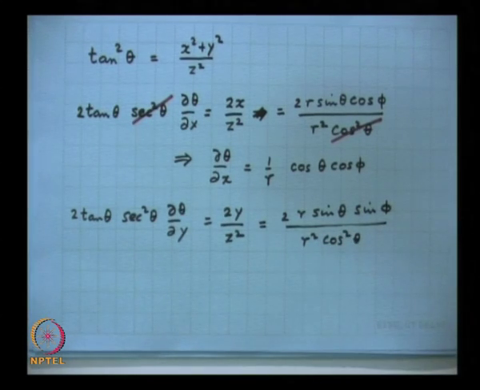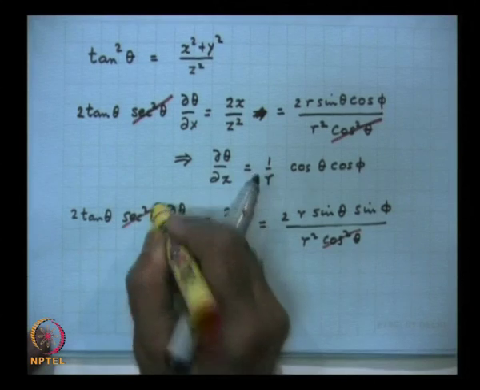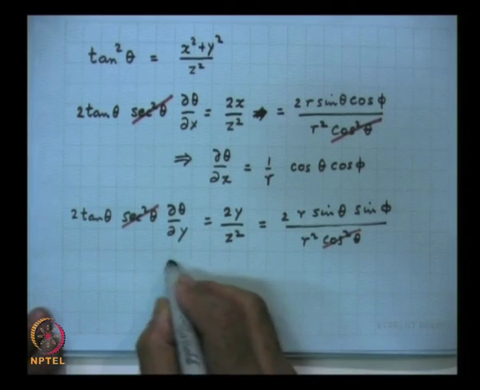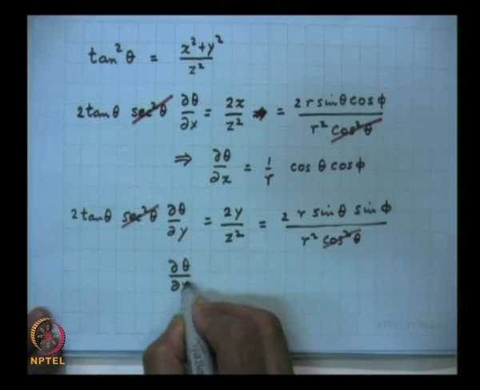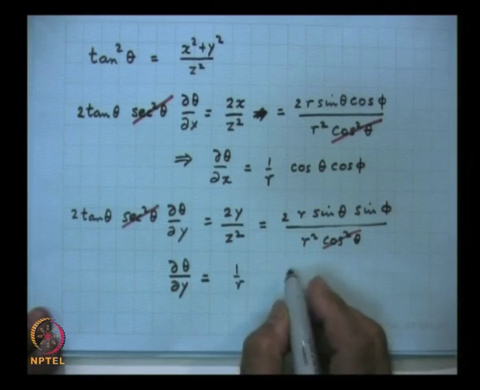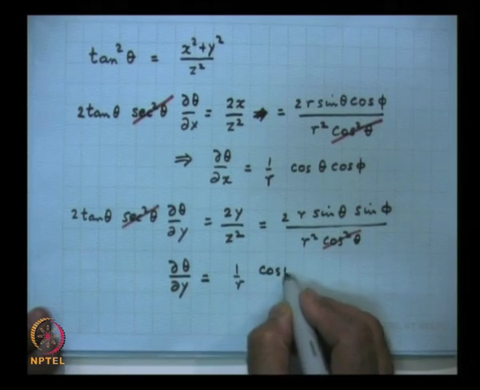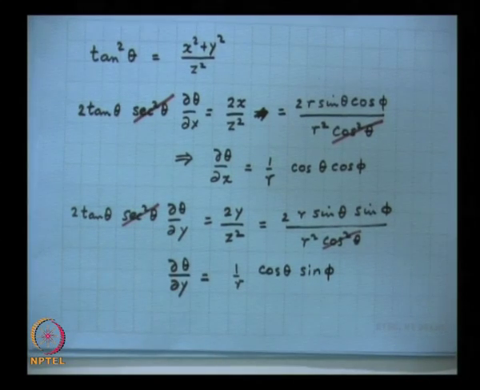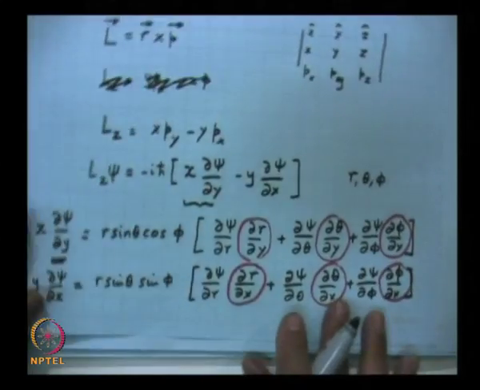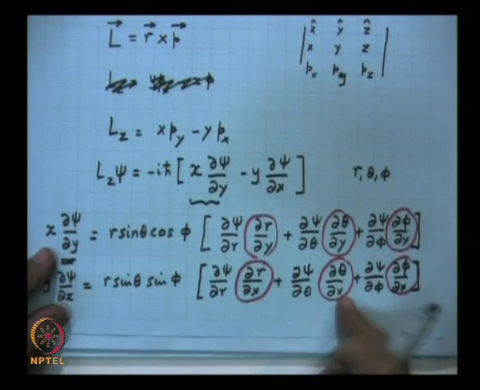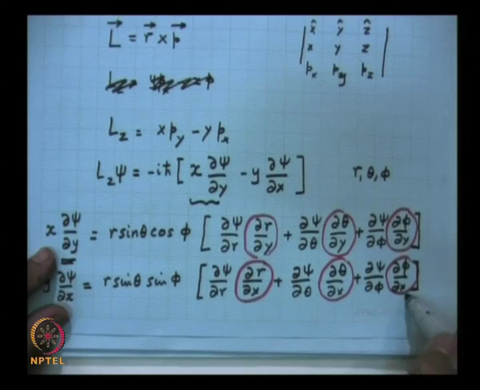Once again, this term will cancel out with this term, and therefore delta theta by delta y will be equal to 1 over r cos theta sin phi. So, we now have expressions for delta r by delta y, delta r by delta x, delta theta by delta y, delta theta by delta x, delta phi by delta y and delta phi by delta x. I just have to substitute them here.